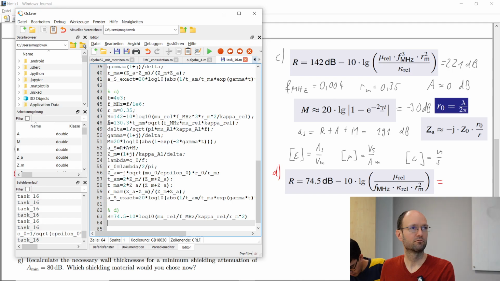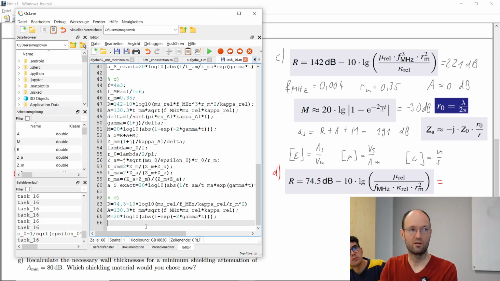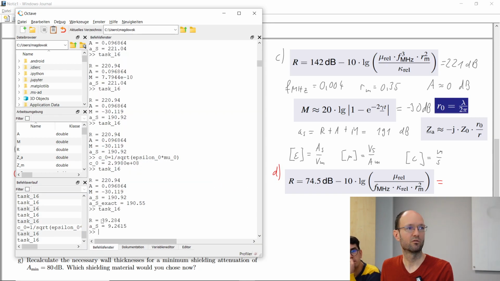Okay, so absorption should be the same, multiple reflections should be the same. So the total shielding efficiency can be recalculated. So let's do this. Now we have much less reflection because the wave impedance in the air is much smaller.